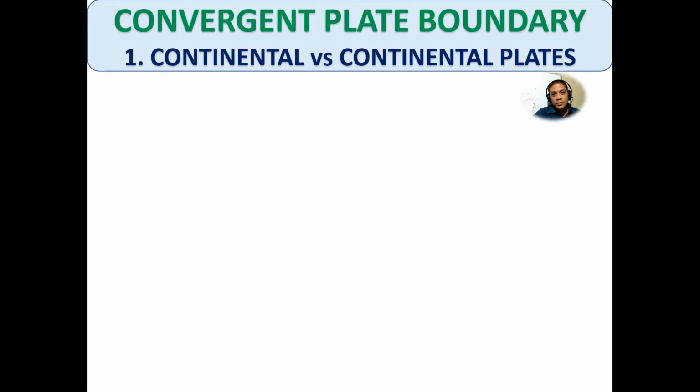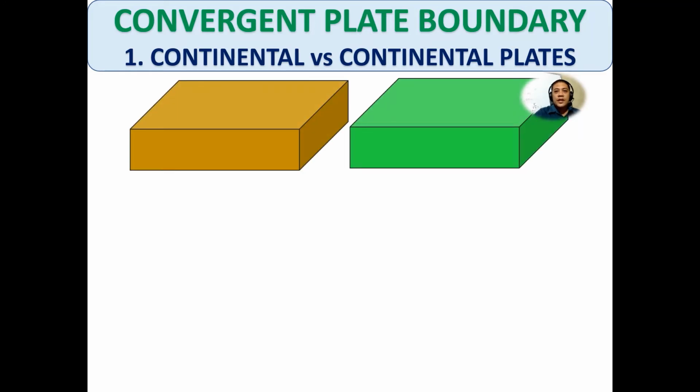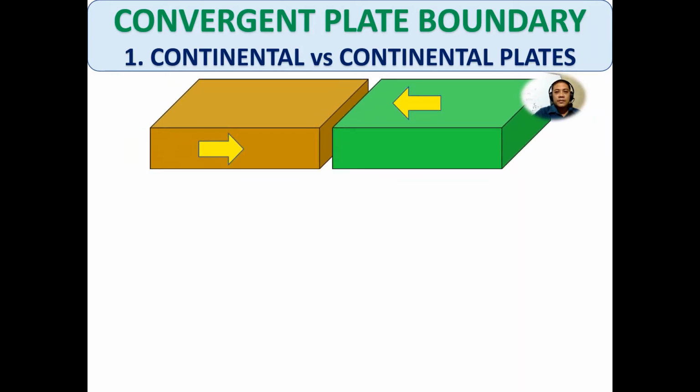When two plates move toward each other, the meeting zone is called convergent boundary. The first type of convergent boundary is the meeting of two softer, thick, and old continental plates.